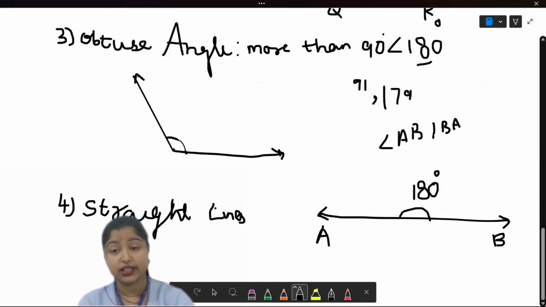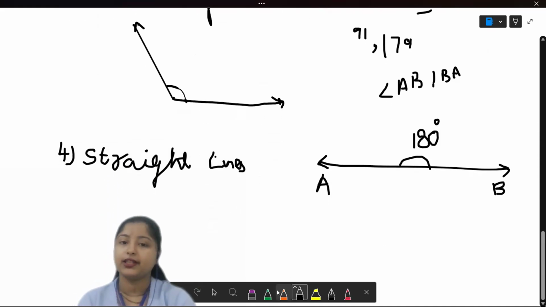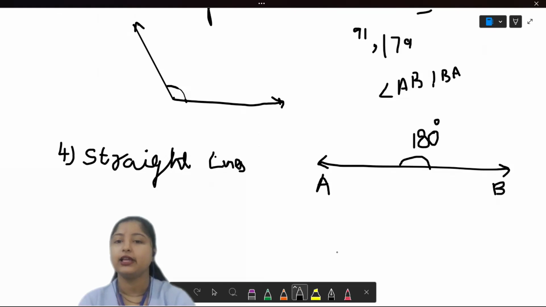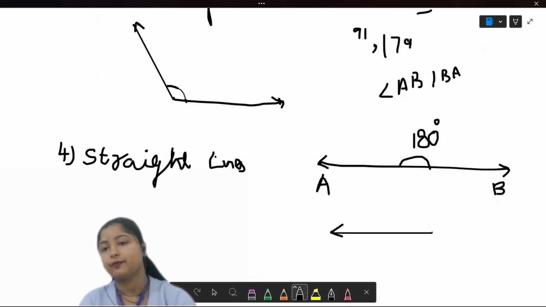Now, there is one thing. If you notice this properly, you will not be able to find two lines, whereas we said that an angle is formed by two lines. In a straight line angle, there are two lines like this, which meet each other at this point. Since they are forming a line, they are joining very quickly, like they are not taking any space to join. So this point in the center will be their vertex.